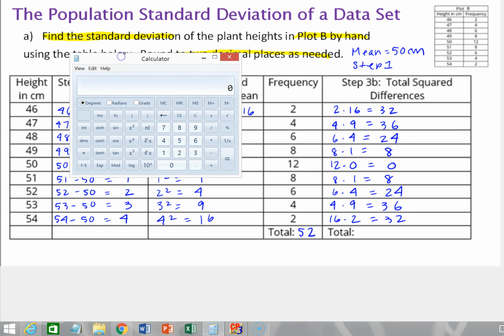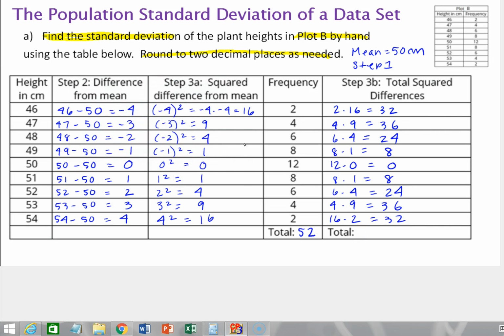And now we'll add the total squared differences to find the sum. 32 plus 36 plus 24 plus 8. We can skip adding 0 since it doesn't change it. 24, 36, and 32. And our total is 200.